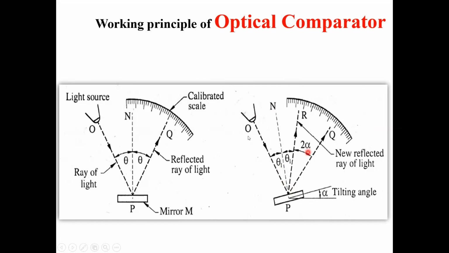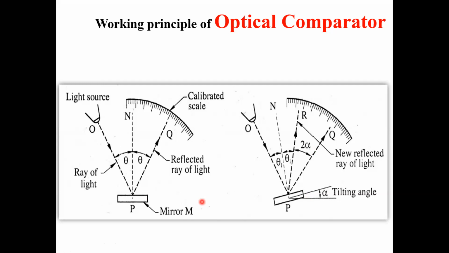Here, the beam of light is incident on the mirror, and because of a variation in the position, the mirror is simply tilted through an angle alpha. If the mirror is tilted through an angle alpha, then the reflected ray will turn through 2 alpha. This is what we discussed in the case of the autocollimator.